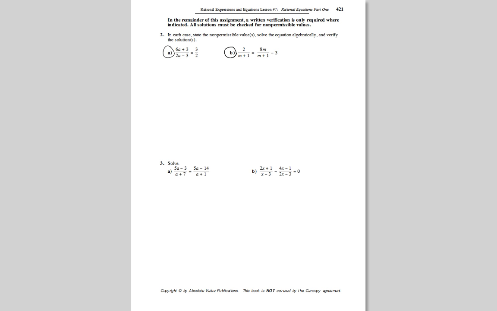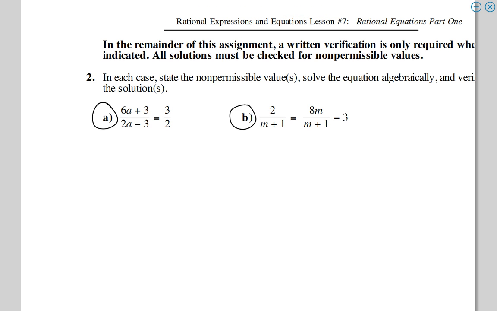There's even some on the back page. Most of your time should be spent with number 2. 2 and 4. 4 is like the one we just did. So 2 and 4 if you're trying to do the bare minimum, okay? And if you've got time and you want to work, do it all.